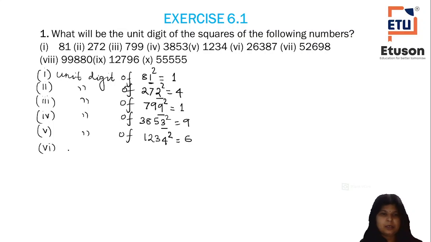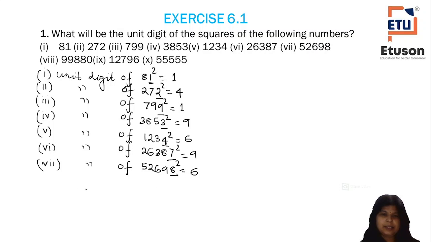Similarly, the unit digit of 26,387 square. So you have 7 here, right? So you will get 9. Okay, so then the number is 52,698. So the number at the units place is 8. So you will get 4 here.